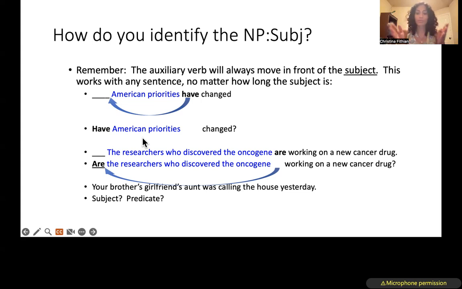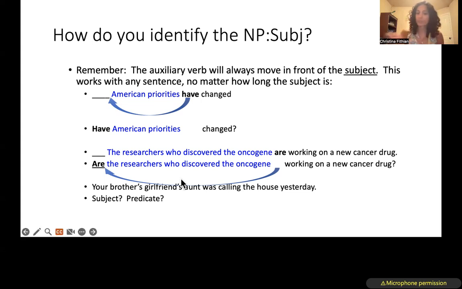And this is true whether you have a very short subject or a very long subject. Let's take a look at the next sentence on the slide. And this is, the researchers who discovered the oncogene are working on a new cancer drug. Now, in this instance, we're going to have to take our auxiliary verb, which in this case is a form of be, are, and we're going to have to move it all the way around the entire subject.